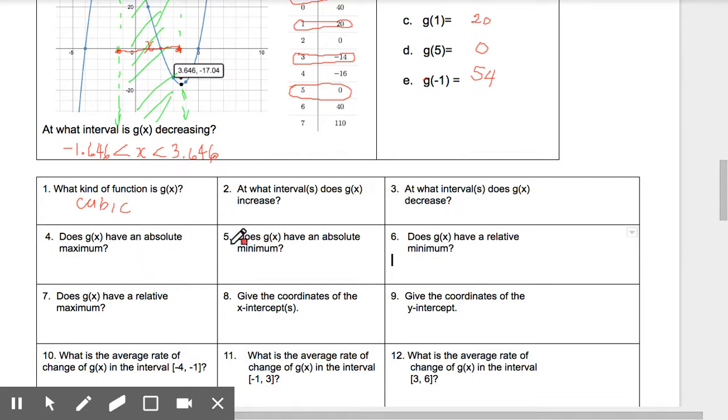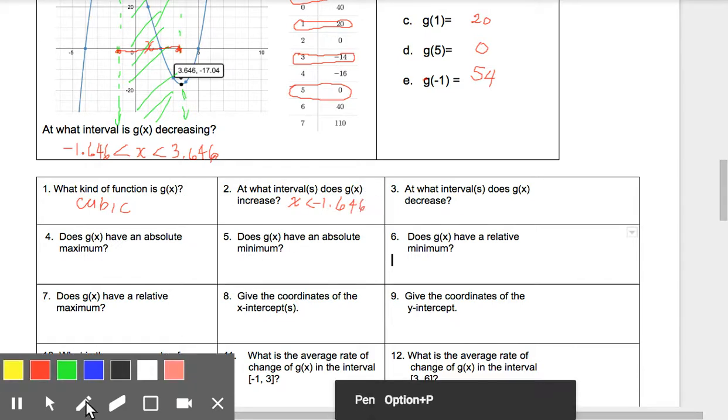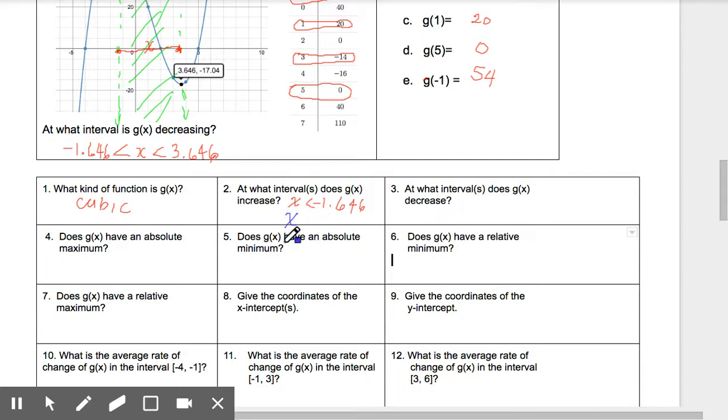There are two intervals. On the leftmost, x is less than negative 1.646. And on the right side, it started going up at 3.646 and then keeps going up from there. So it goes up when x is greater than 3.646.